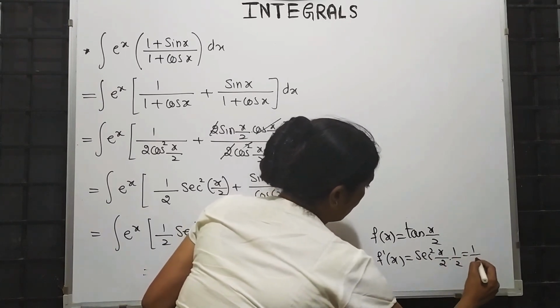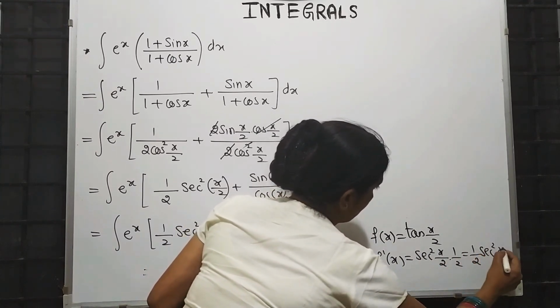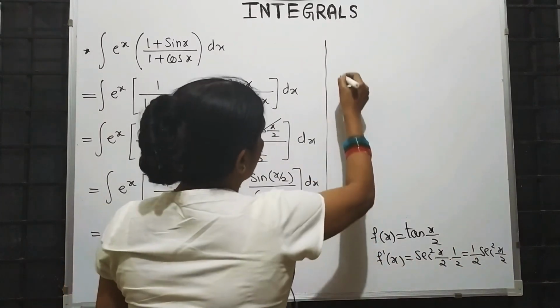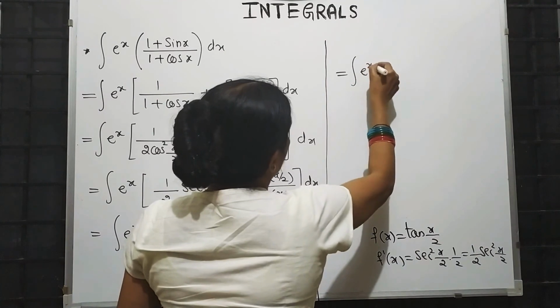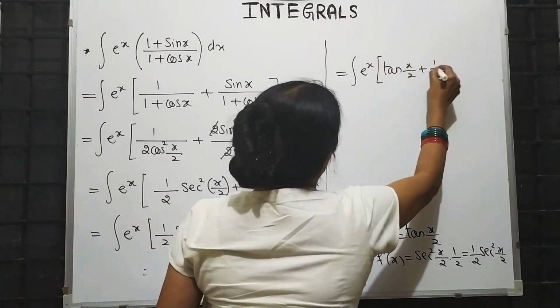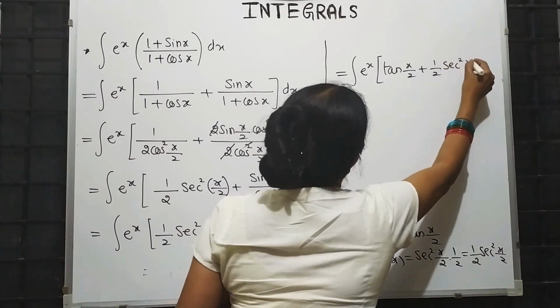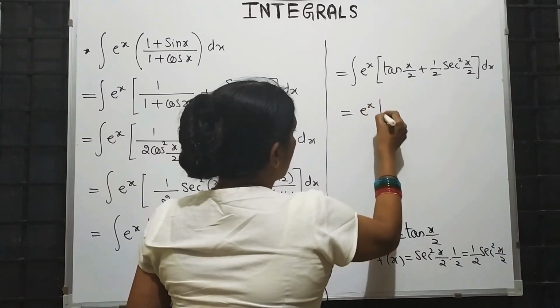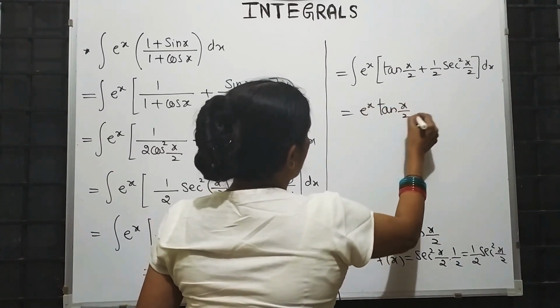That means 1 by 2 into secant square x by 2. So, just for that sake I will rearrange. e raised to x in the bracket tan x by 2 plus 1 by 2 secant square x by 2 into dx. The answer is e raised to x into tan x by 2.